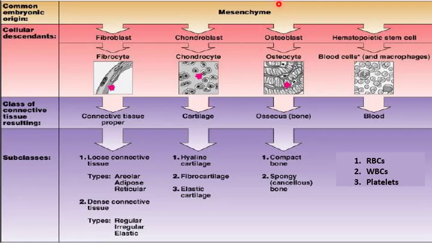This is the mesenchyme, the origin of all connective tissue except the head and neck, as we said. This mesenchyme may differentiate into fibroblast, which converts to fibrocyte. Fibrocyte forms connective tissue proper, which has many types, as we said.